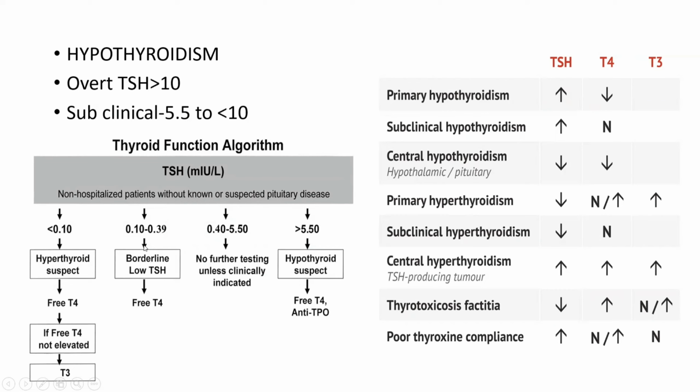If it is borderline, 0.10 to 0.39, we have to evaluate free T4. In subclinical hypothyroidism, the TSH range is 5.5 to 10, and in overt hypothyroidism TSH is more than 10.